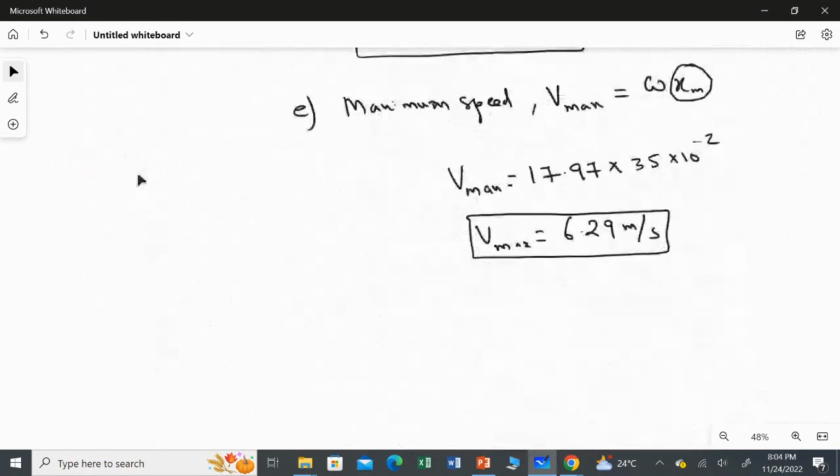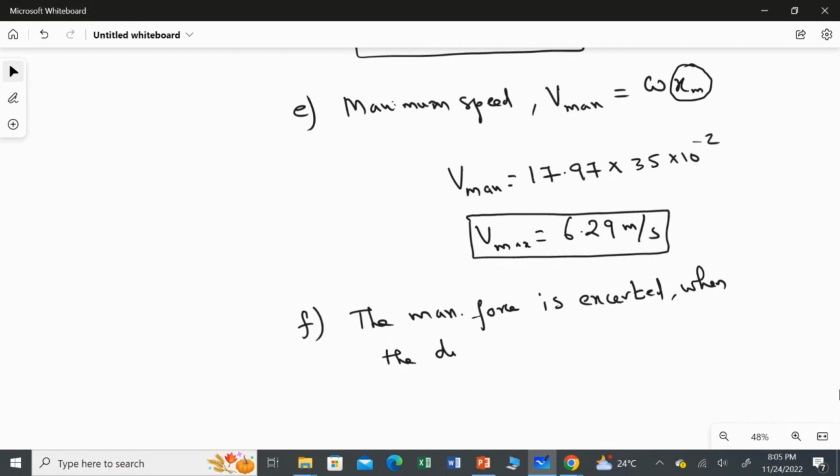So again, for getting the answer for the last question, which is our sixth subdivision, the F part, the maximum force is exerted when the displacement is maximum.